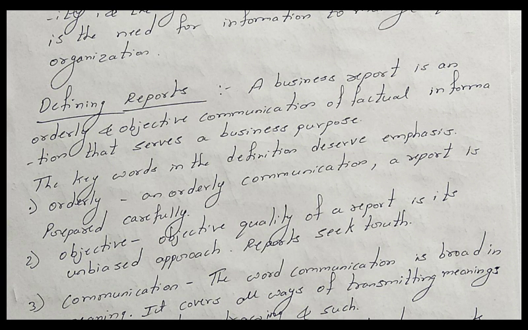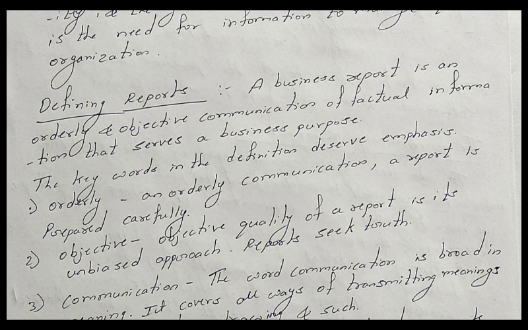Now we are going to see the words which are used in the definition. Is it clear? The words we have used are orderly, objective, communication, and factual information. So now we are going to see the keywords in this definition that deserve emphasis. Orderly: whatever communication you do should be an orderly communication.